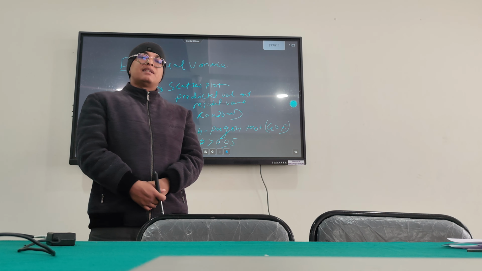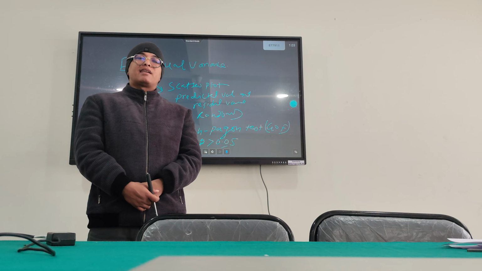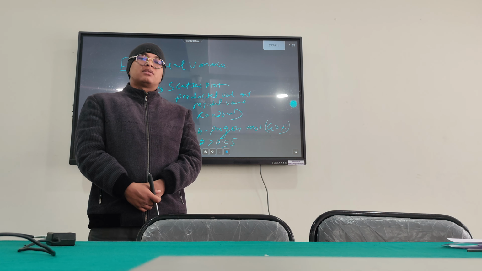For equal variance, we do a scatter plot of predicted value against residual value and look for randomness, and we go for a statistical test called the Breusch-Pagan test, which is also a goodness of fit test. A p-value greater than 0.05 means equal variance is confirmed. So those are the tests you have to perform on every dataset in order to apply linear regression.